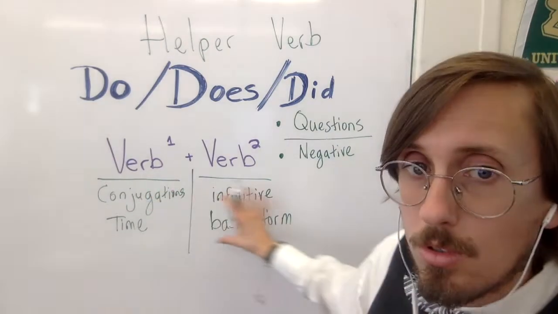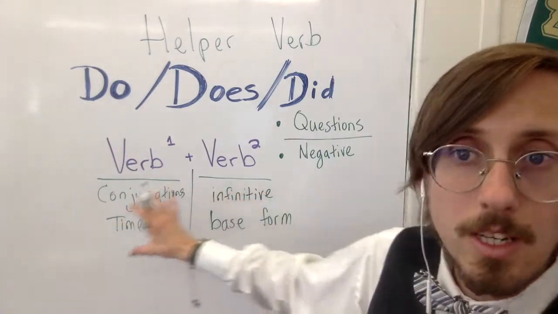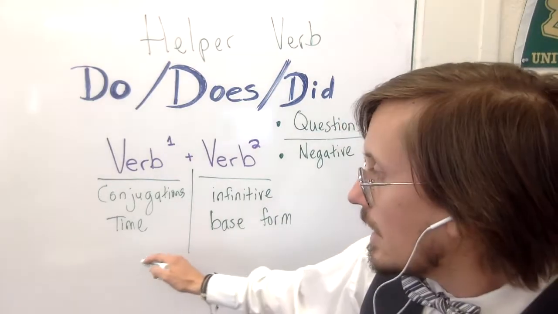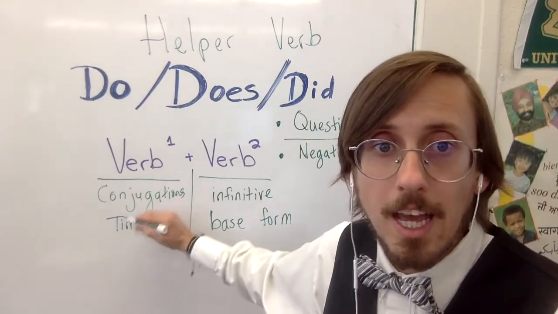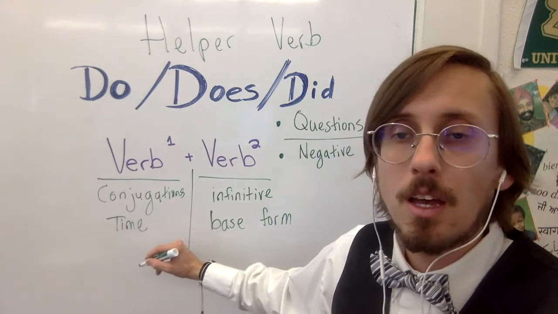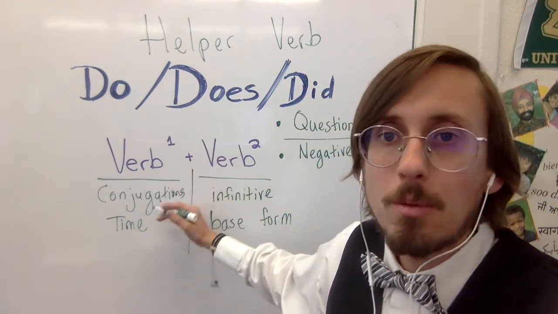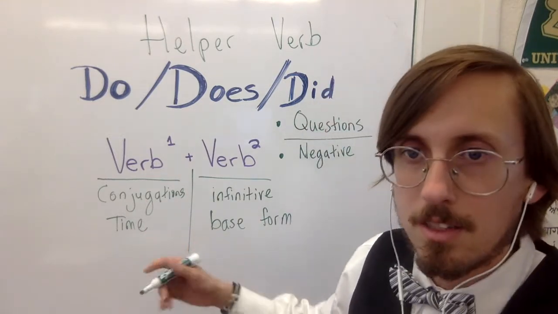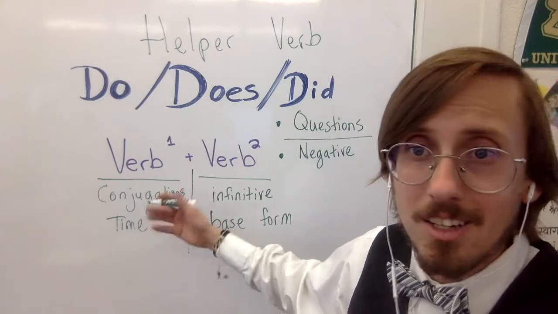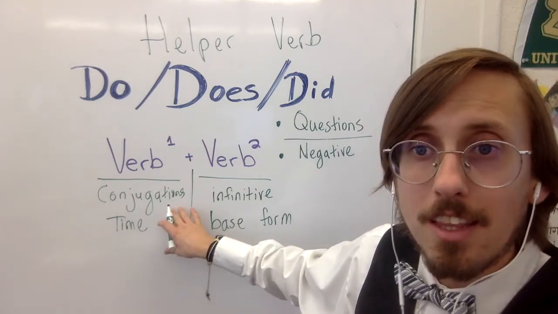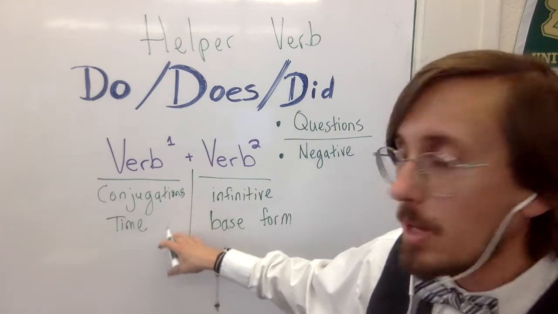Now, this rule again exists in many languages. For example, in Spanish, I could say como, and I have my conjugations. Como, comes, comemos. Or in the past, comí, comiste. Or I could have many conjugations, many different ways that I could conjugate that verb, comer.